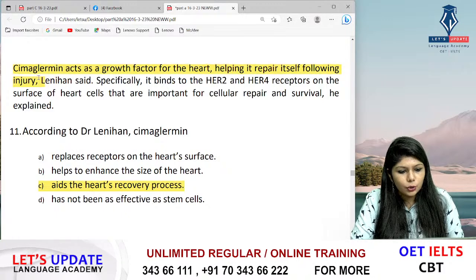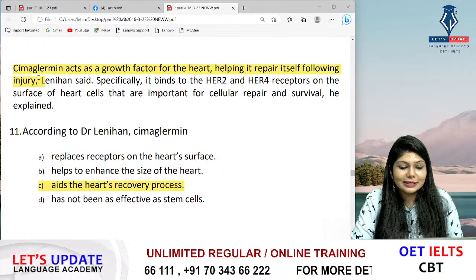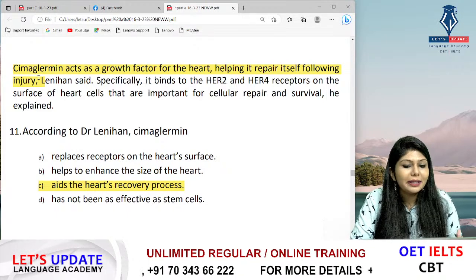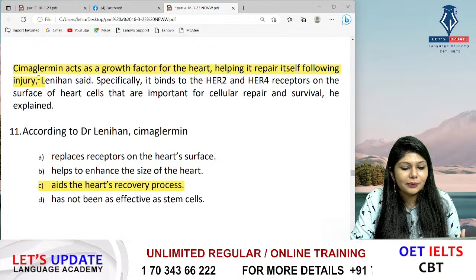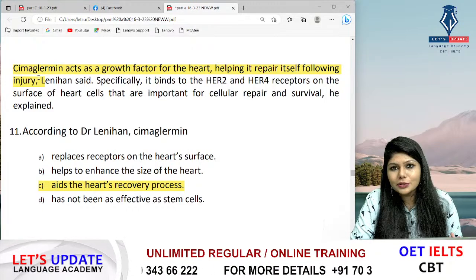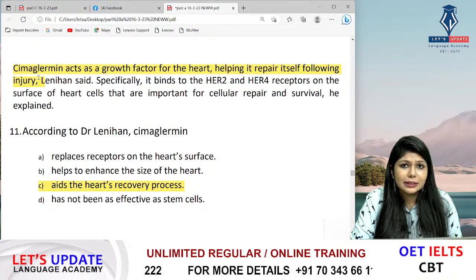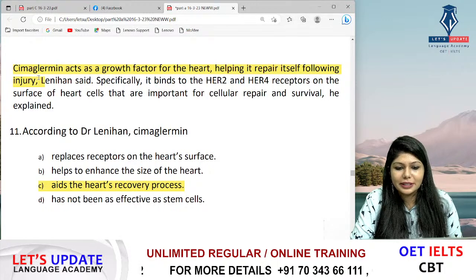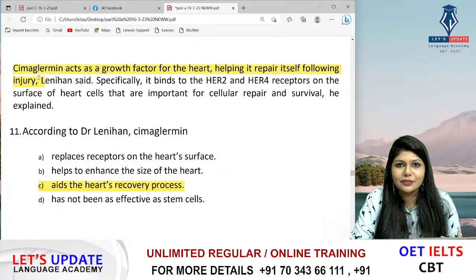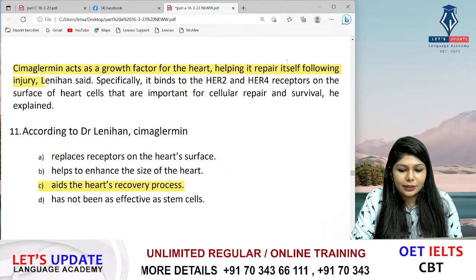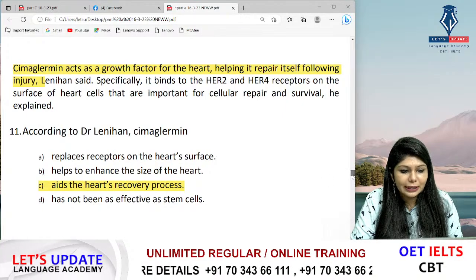That means that it aids the heart's recovery process. Helping it repair itself and helping in the recovery process mean the same. Aids means to help, and recovery is the same as repairing, being okay itself, right? So that is why your choice of answer should be C.